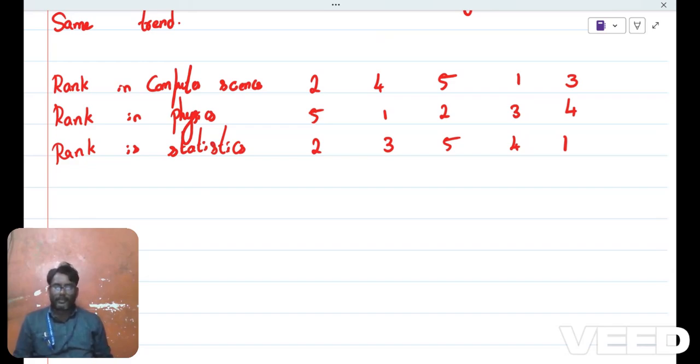That is, we need to find the rank correlation coefficient.